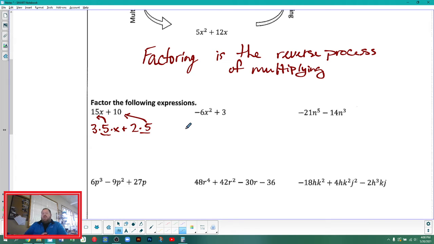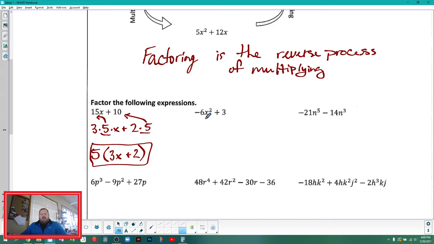I'm bringing it out of those two terms and in front of parentheses. What am I left with in here? 3 and x. And then over here, I'm left with a 2. That has been factored. I have factored a 5 out of each term of that polynomial.